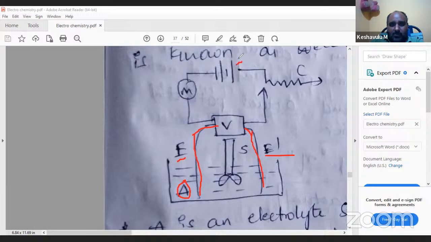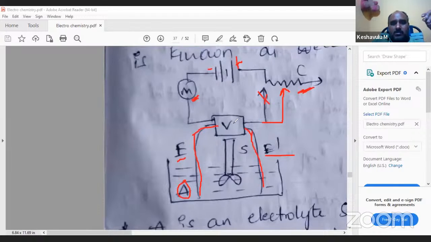This is the battery, positive and negative, right? The external battery is followed by a milliammeter and capacitor C, right? So you make this arrow mark to the capacitor, not in this place, okay? So the voltmeter should be connected with a capacitor followed by the external battery and a milliammeter.